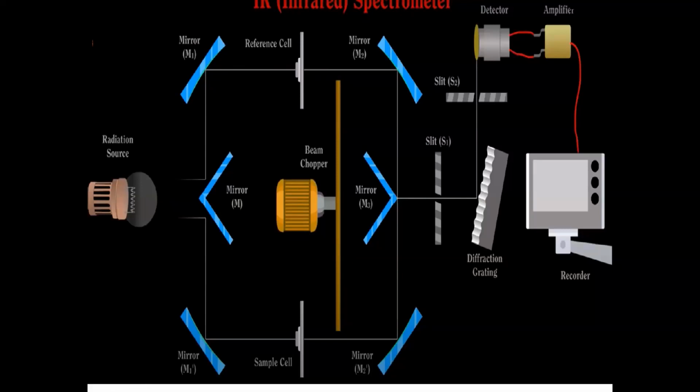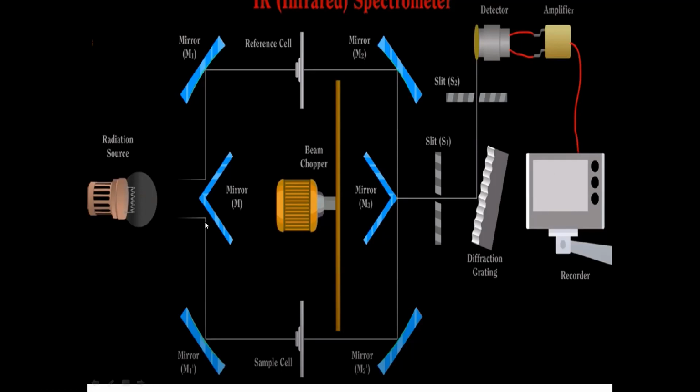So whatever intensity of light is here, the same intensity will remain there. And this mirror M2 will reflect up to mirror M3. The purpose of mirror M3 is to combine the light and reflect it towards this diffraction grating.